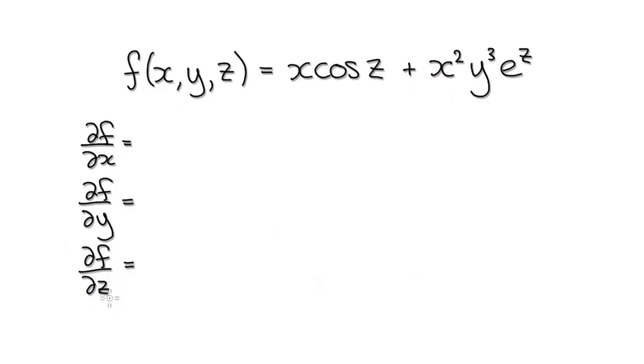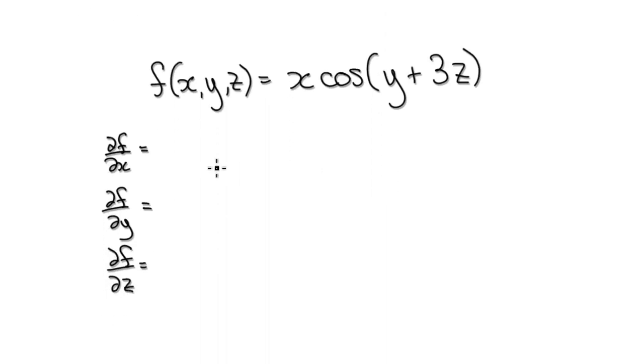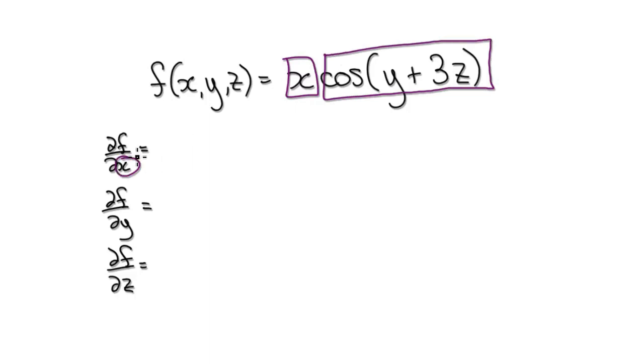Okay. Next example. So let's try and differentiate this with respect to x. So here you've got one block multiplying with this complicated block here. With respect to x, this block is going to be a variable. This block here, the whole block itself, is a constant. It doesn't contain x.